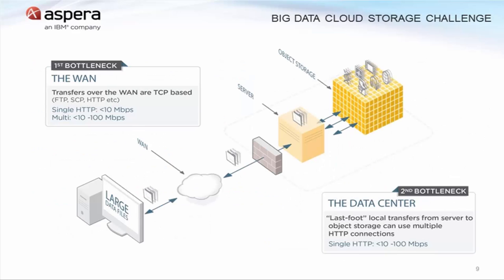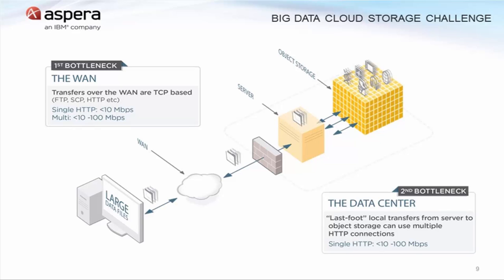So what we're doing in cloud storage is, the problem that I just talked to you about with TCP is extended when you go to moving content into the cloud. Why? Because HTTP sits on top of TCP. And what ends up happening is that the first bottleneck is no different than what I just spoke about, which is the WAN, right? The degradation across distance.